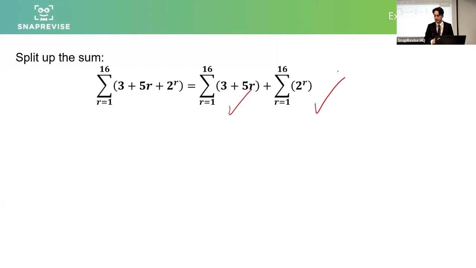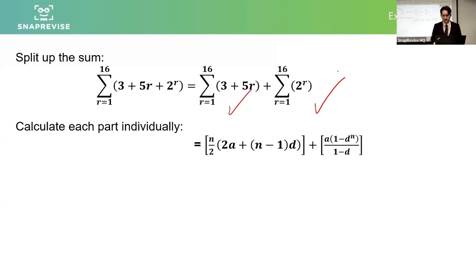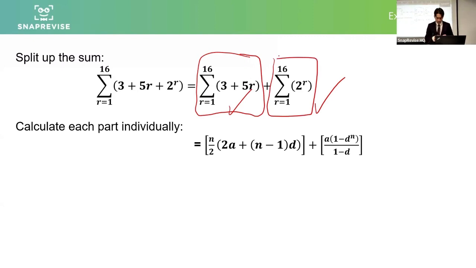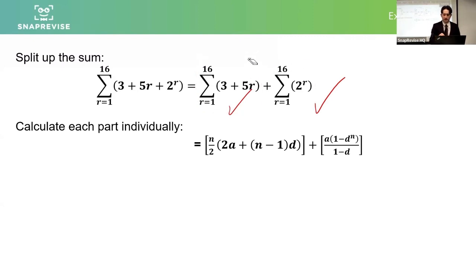What is really important in identifying is that this first chunk is an arithmetic series, and this one is a geometric. That will then point us towards the summation formulas for a series that's arithmetic and geometric. And I believe most of them are given in the formula book.